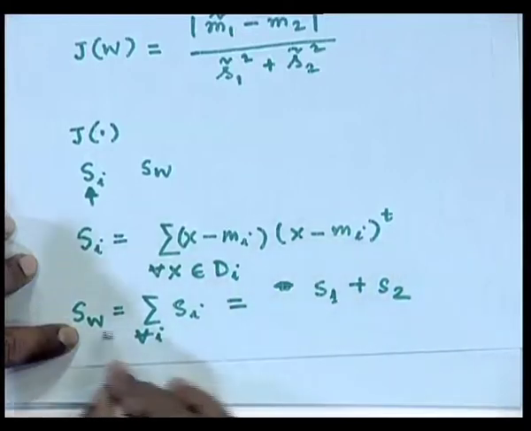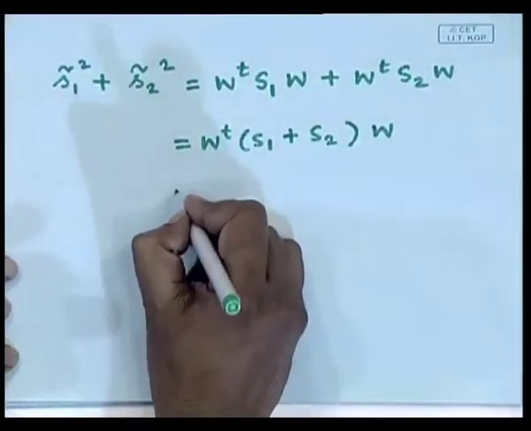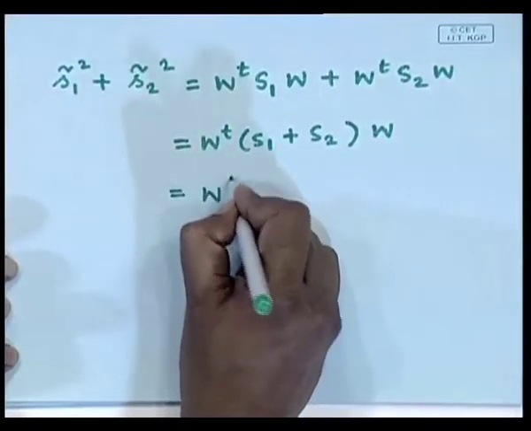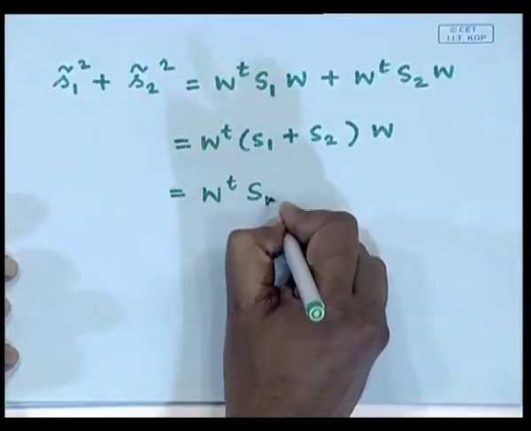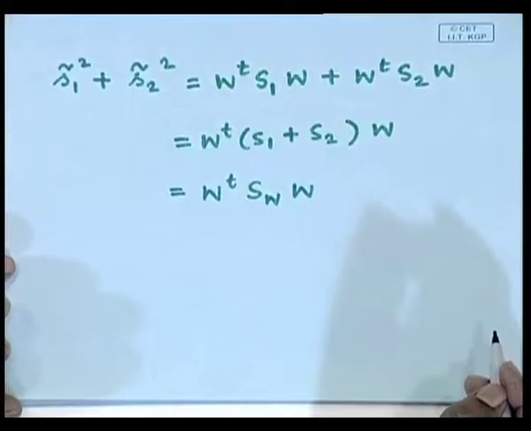S 1 plus S 2 is nothing but S W. So, this simply becomes W transpose S W W, right.